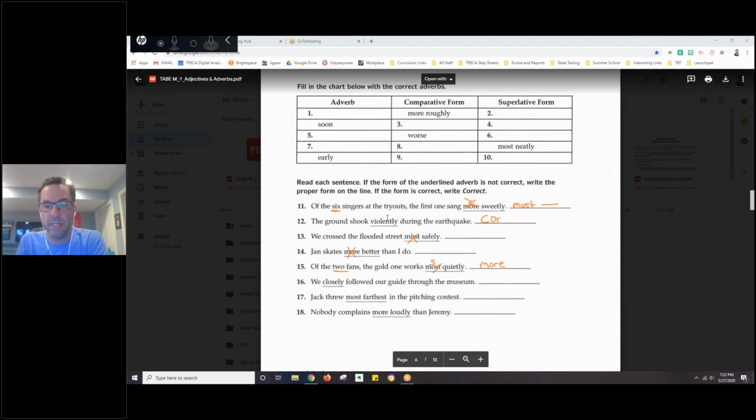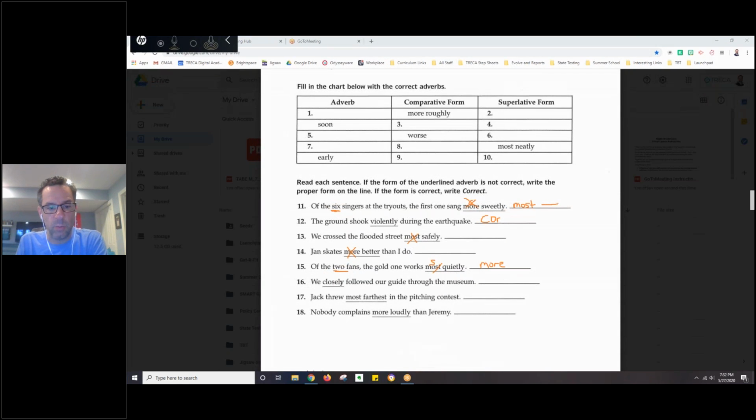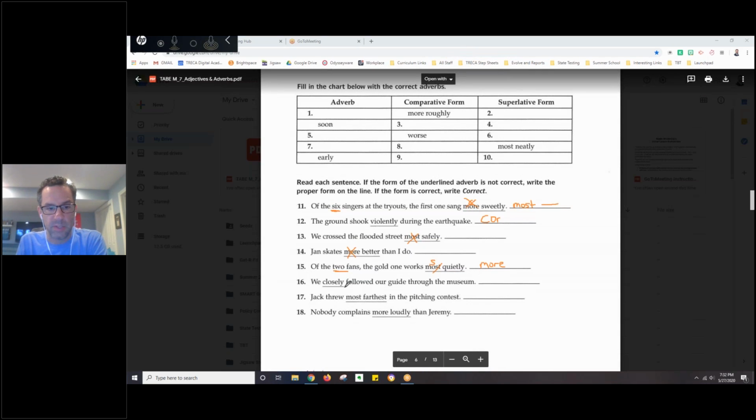3 more and then we'll be done. 16, we closely followed our guide through the museum. That's perfectly fine. That's correct. There's really no comparing here. It's just good old-fashioned closely. 17, Jack threw most farthest in the pitching contest. There's probably 3 or more, so this is going to be superlative, but we don't need most.